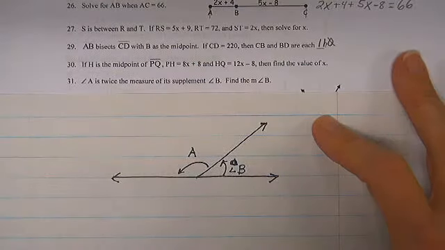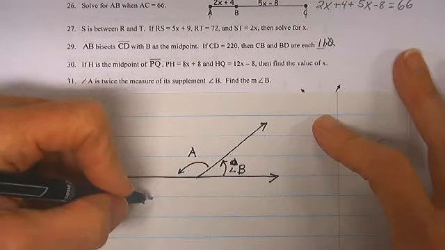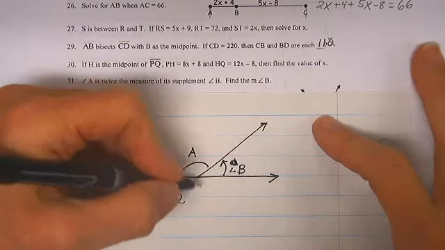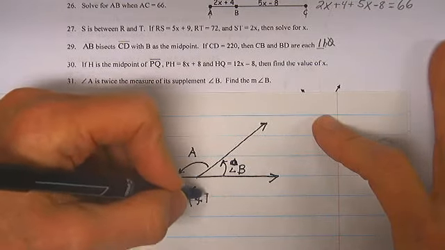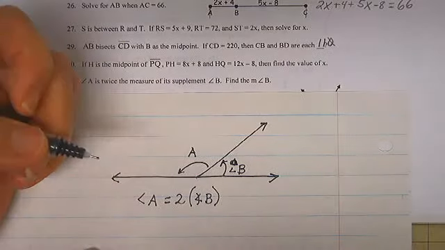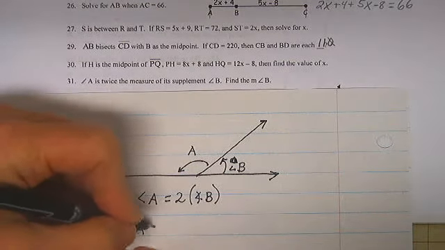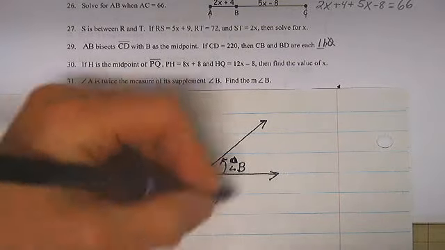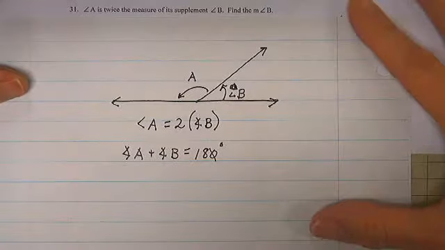What do we know? Angle A is 2 times the size of angle B. Angle A plus angle B equal 180 degrees, because they're supplementary. Now what?